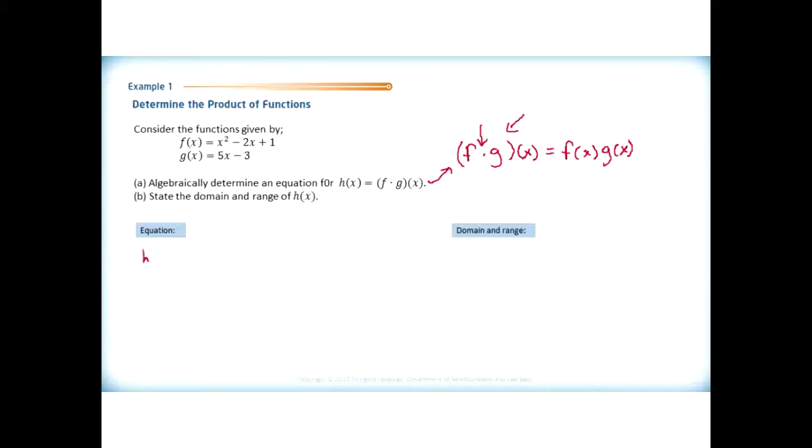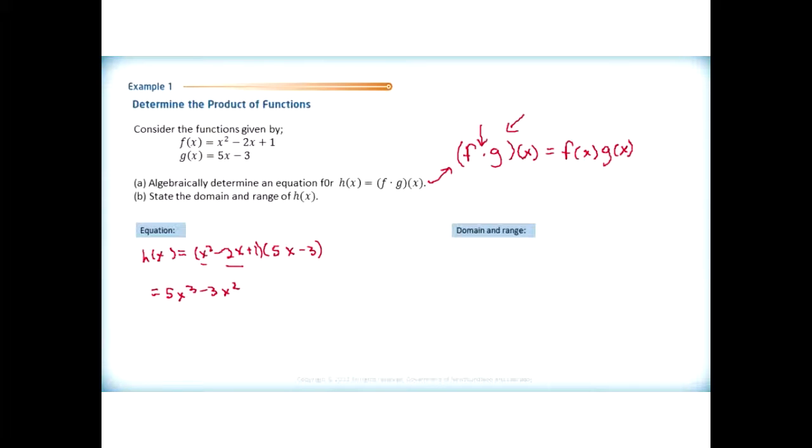So we'll start by finding our equation for h of x. For h of x, we're going to take x squared minus 2x plus 1, and we're going to multiply by 5x minus 3. And we'll do a little bit of algebra here. So first, x squared multiplied by both terms in the second set of brackets gives us 5x cubed minus 3x squared.